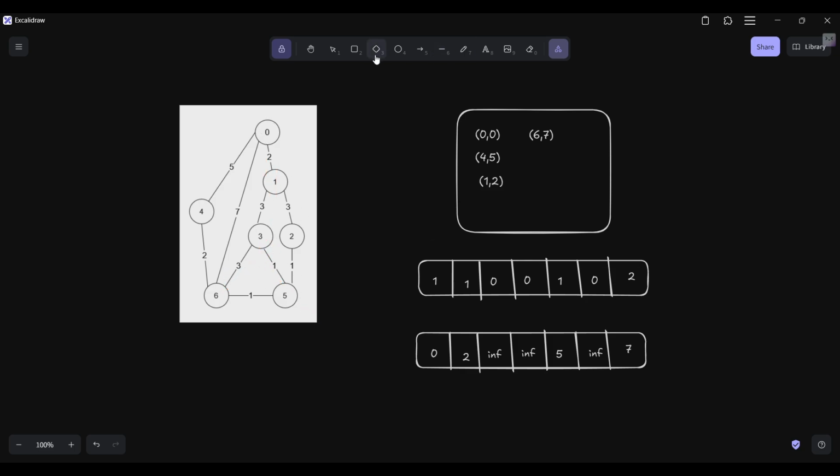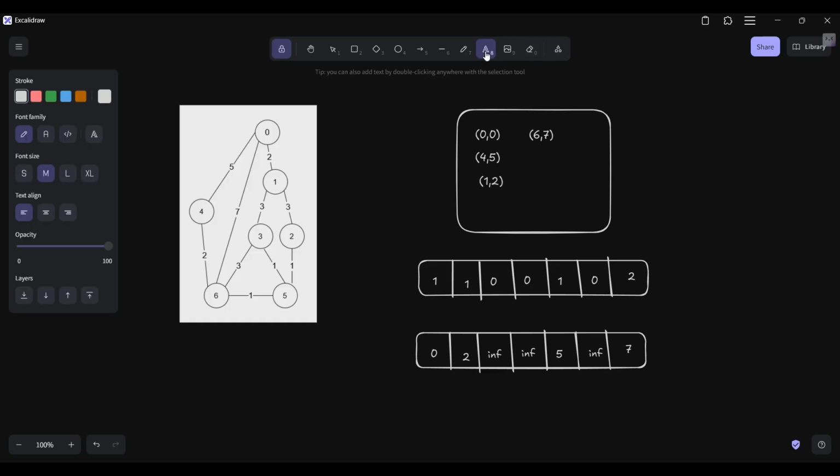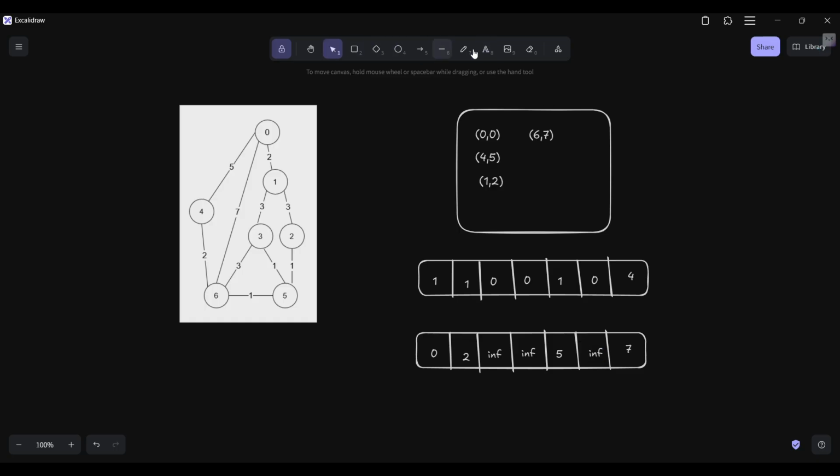It will check every position and update the values every time, to reach every node. At last, we simply return this value, that is path count n minus 1, and the answer would be 4.